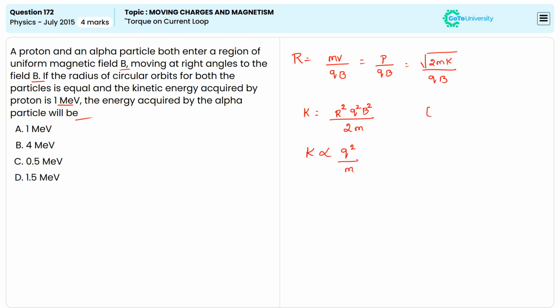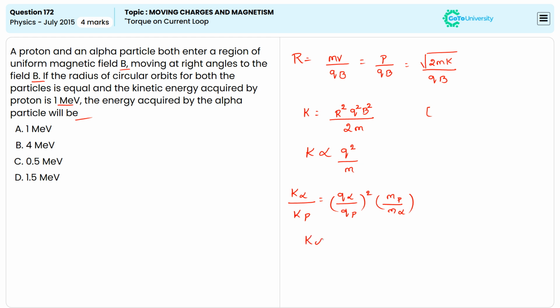And the K of the alpha particle, I can represent as K alpha divided by K proton, is equal to Q of alpha divided by Q of proton, whole square, into mass, which is inversely proportional. Then this is mass of proton divided by mass of alpha.